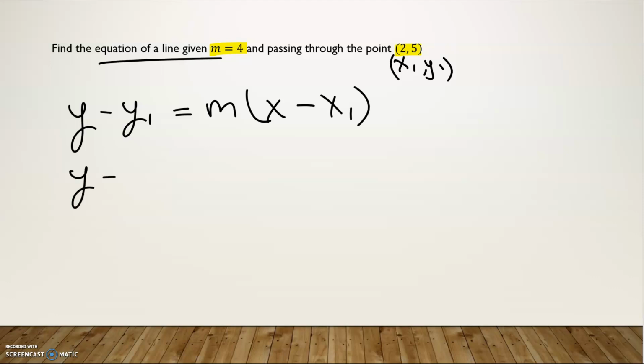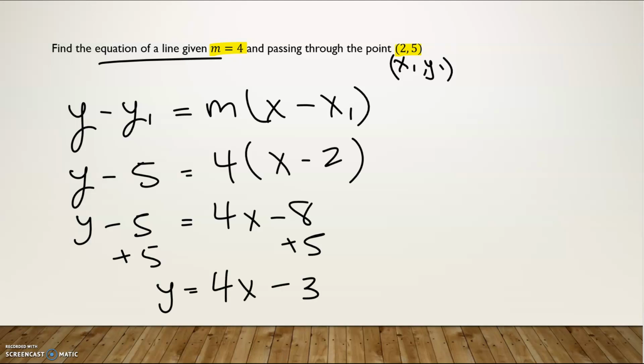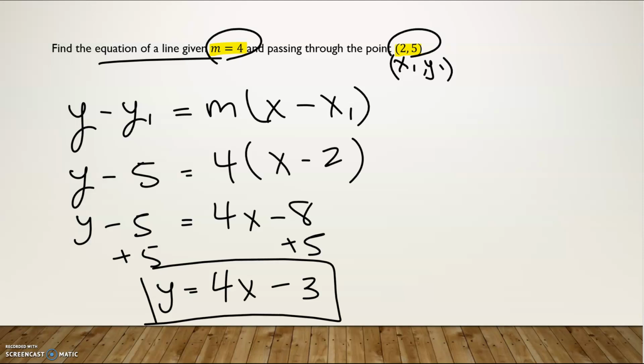So y minus 5 is equal to 4 times (x minus 2). Okay, so y minus 5 equal to 4x minus 8. Add the 5 to both sides. So y is equal to 4x minus 3. And then there's the equation of a line given the slope being 4 and going through the point (2, 5).